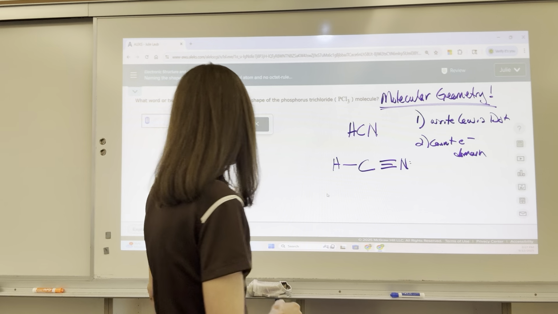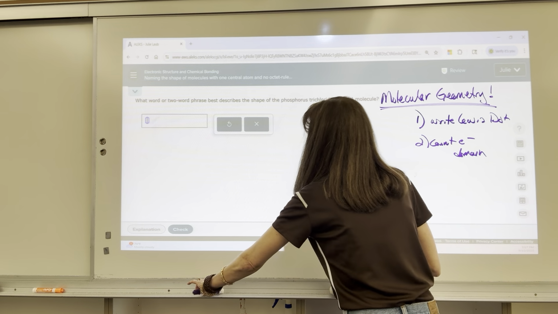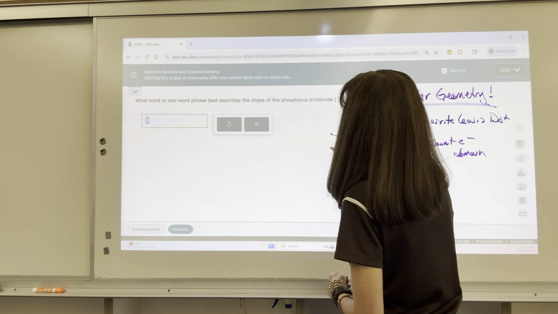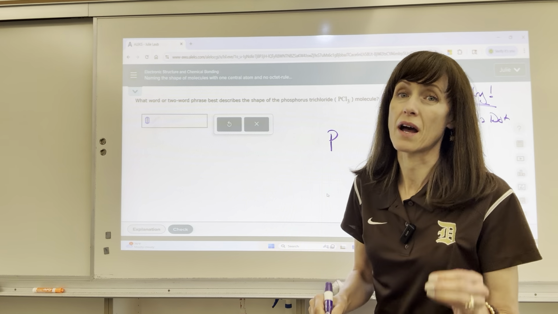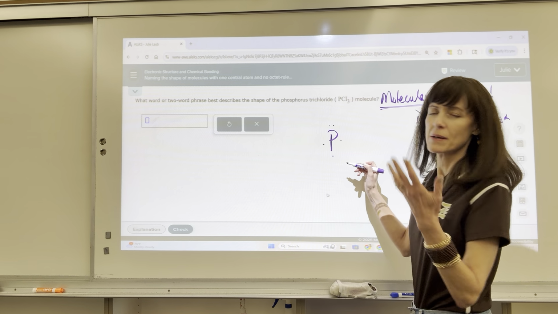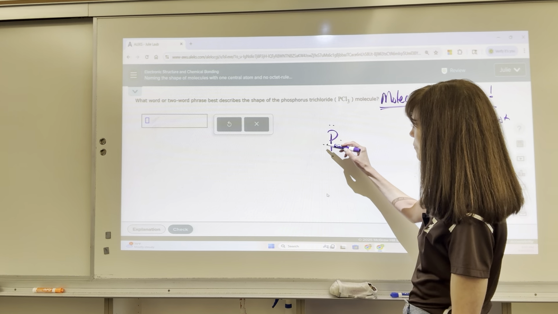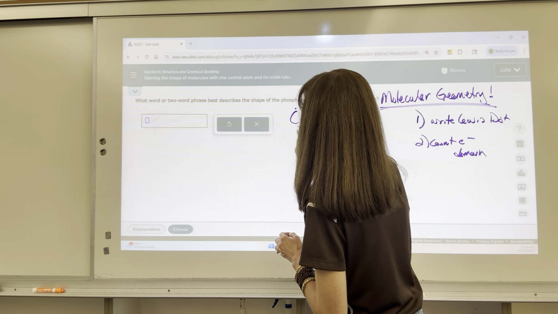And now let's see what we get. Okay, phosphorus trichloride. So step 1, we are going to draw the Lewis dot structure. Phosphorus has 5 valence electrons. 1, 2, 3, 4, 5. Remember our electron dot, you go 1, 2, 3, 4, 1 electron on each side, and then you double up. So there's a 5. Now, chlorine, just as a reminder, has 7 valence electrons.